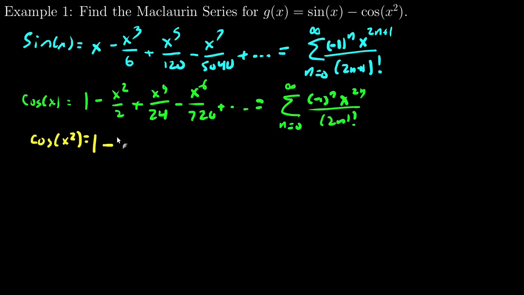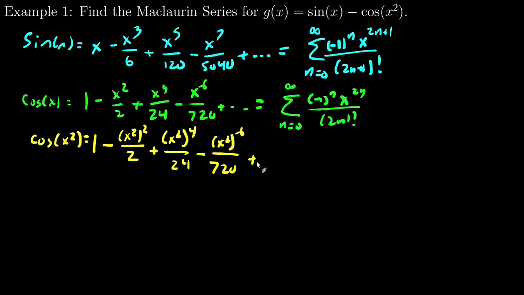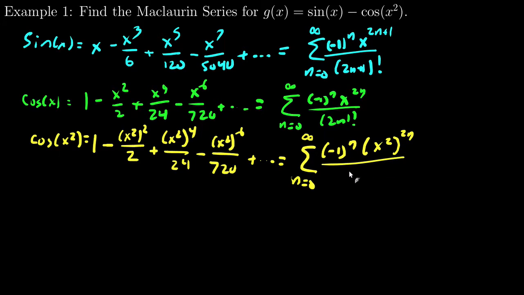So I have 1 minus x squared squared over 2 plus x squared to the 4th over 24 minus x squared to the 6th over 720, which is going to be the sum as n goes from 0 to infinity of -1 to the n, x squared to the 2n, all over 2n factorial.